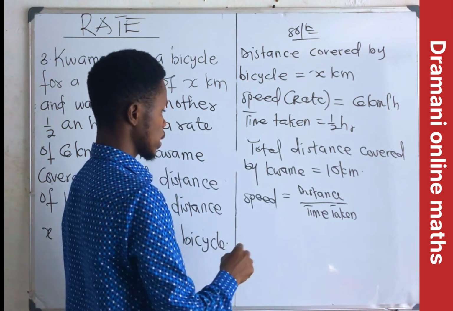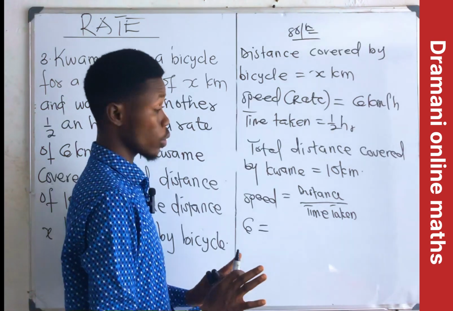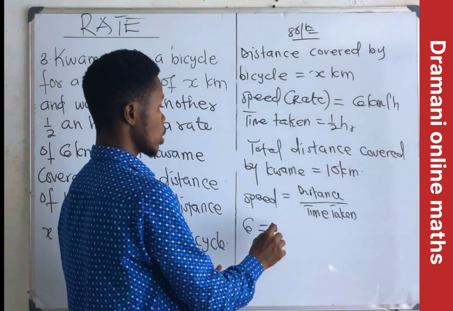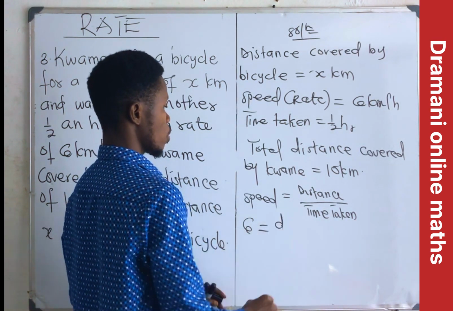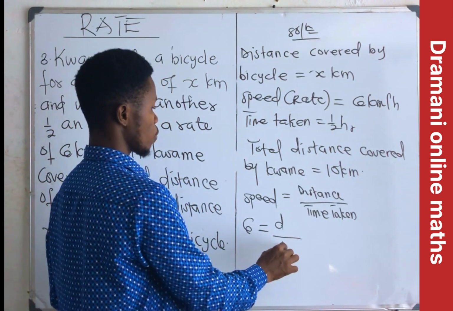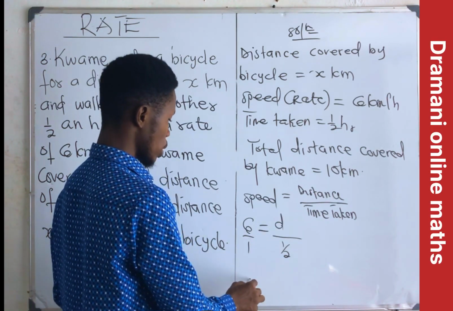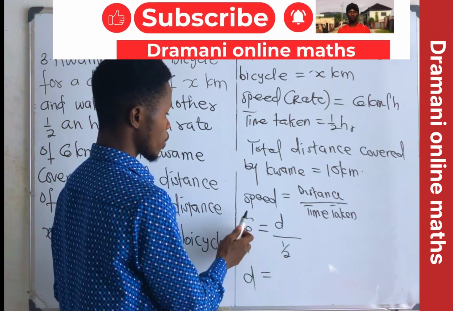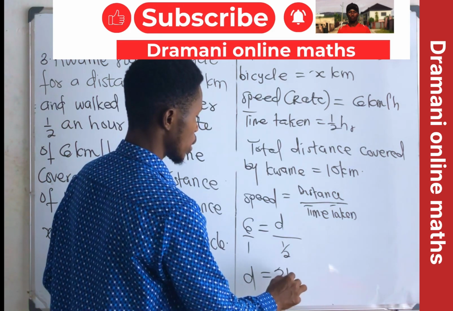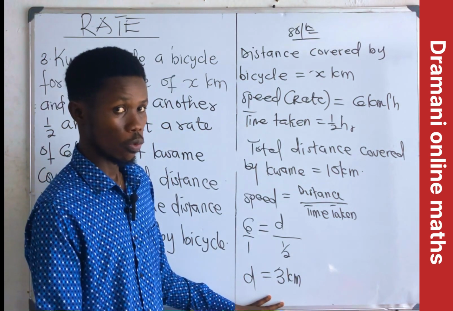So we have 6 equals distance. That's what we are looking for, for the walking. Is that okay? So we repeat the d, that's the distance. The time taken was half. Is that okay? So here's over 1. D times 1 is d. Half times 6 is what? 3 kilometers. So this is the distance that was covered in terms of walking.